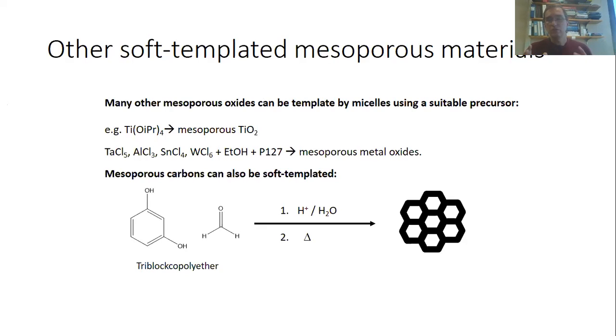So each metal oxide is its own system, and the reaction conditions have to be adjusted. Okay, the choice of precursor is certainly important, but also, of course, the other reaction conditions. For example, the acid or the base concentration also determines the hydrolysis and condensation rate of a metal oxide. The temperature does. So there's a lot of trial and error necessary to find the right reaction conditions for successful self-assembly.